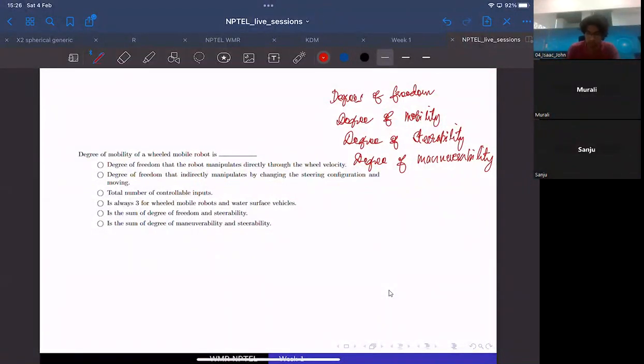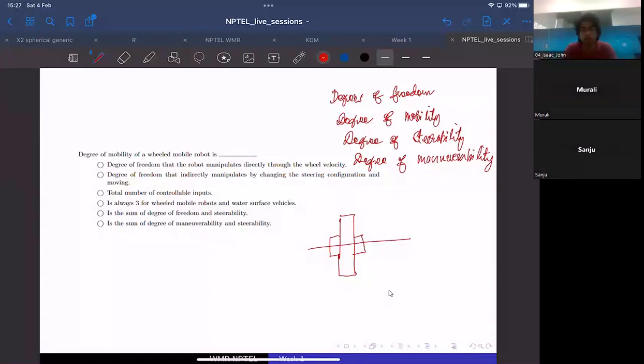So yeah, degree of mobility essentially means, as per the definition that is being followed in our lectures, typically motors are used for directly manipulating the wheel's velocity. If we attach a motor on the wheel hub, we can directly manipulate the wheel velocity using one motor.